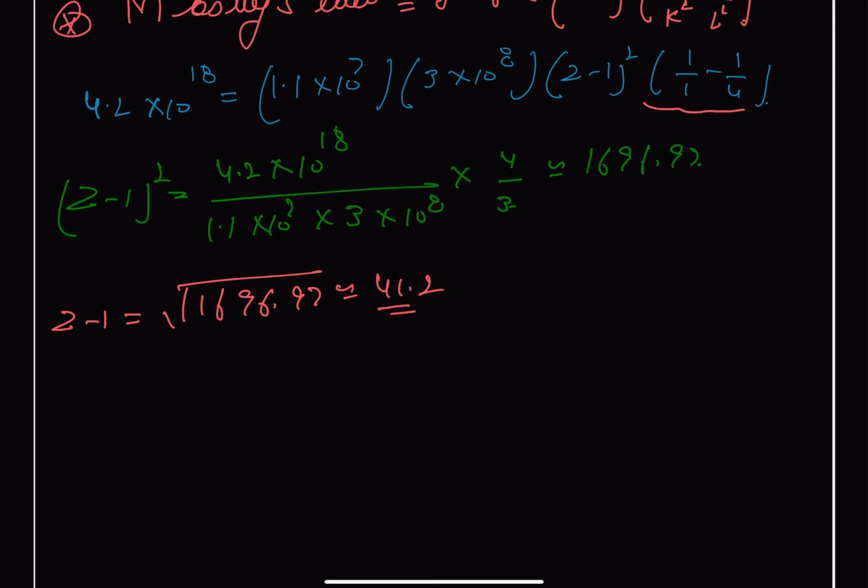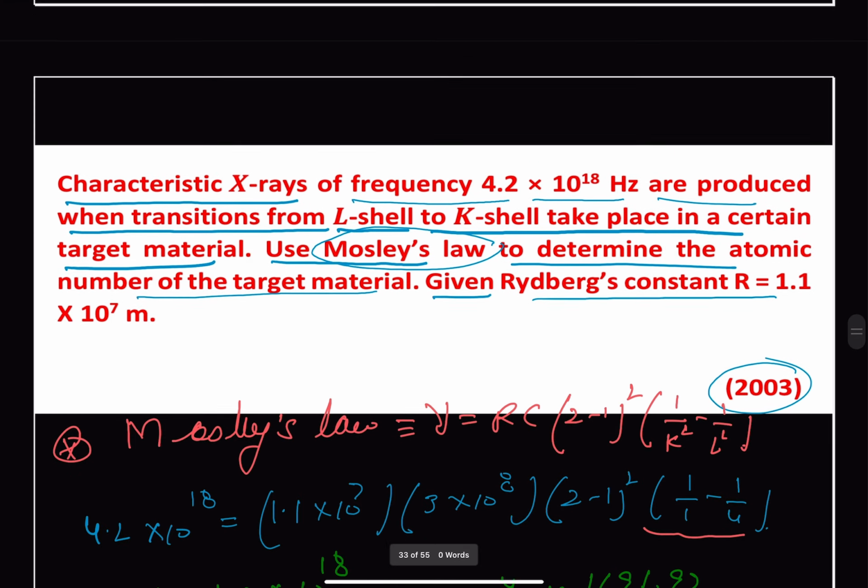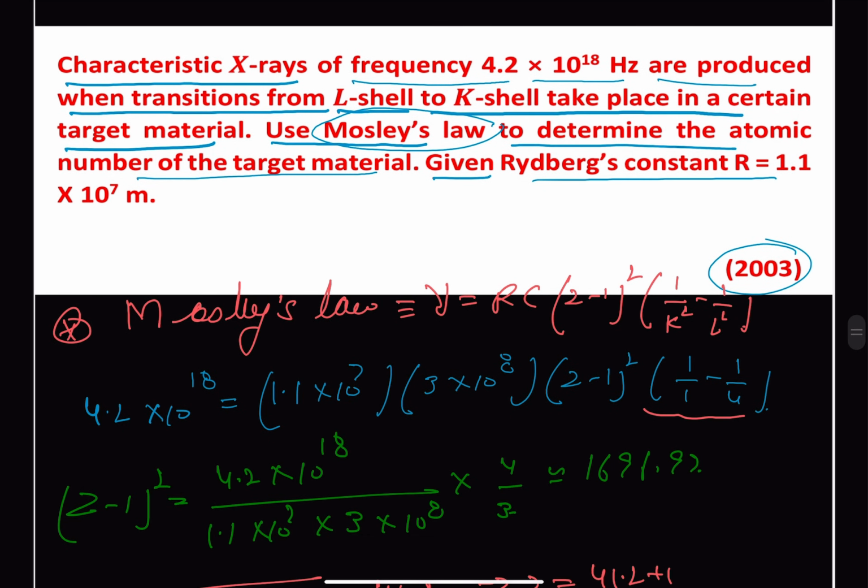So the value of z will be equal to 41.2 plus 1, and this gives us z is equal to 42.2, which is the atomic number. Next question.